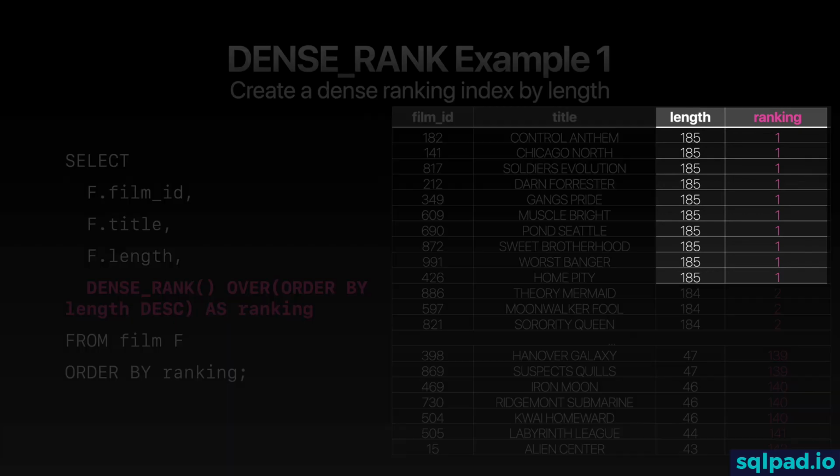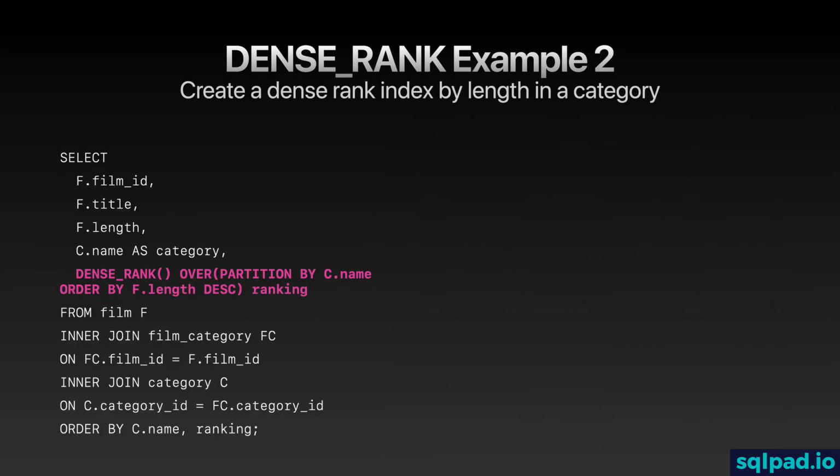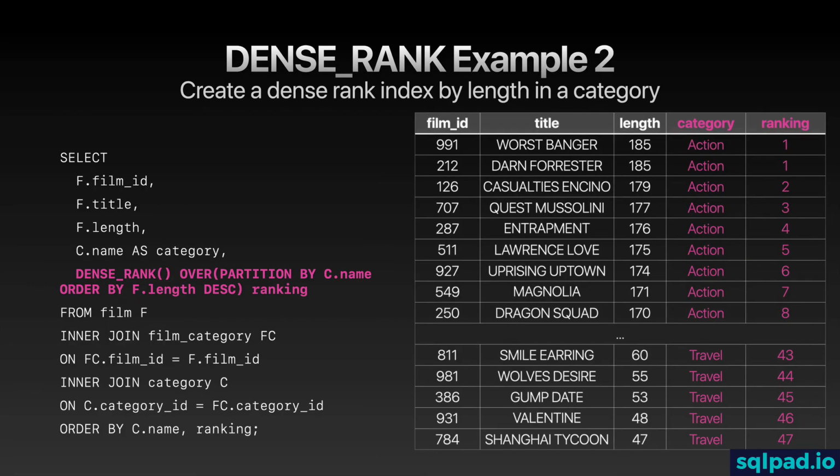As you can see here for ties, they all have a value of 1, but instead of jumping from 1 to 11, the next dense rank is 2. Similarly, we can also do partition by with dense rank. The largest value for a dense rank is going to be the unique number of values for that column inside of a specific partition.